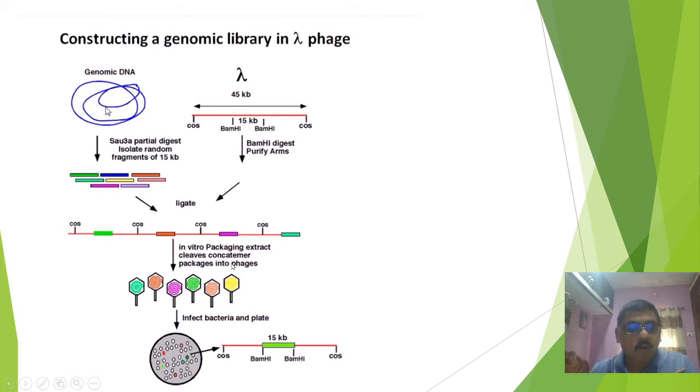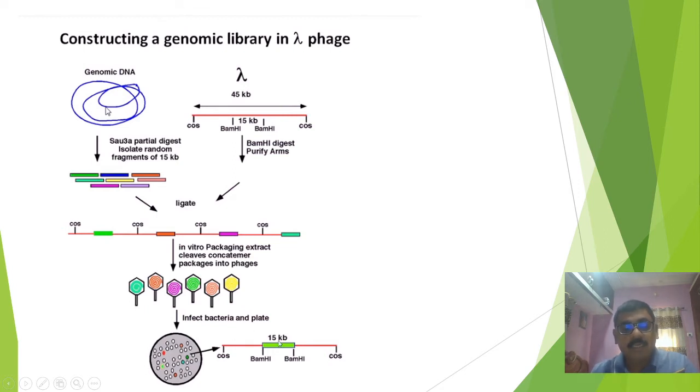After cleaving, the concatemer is inserted into the phage head, then the next one goes into another phage, and so on. Likewise, all these DNA are inserted into phages, and these recombinant phages then infect the bacteria present in the culture.